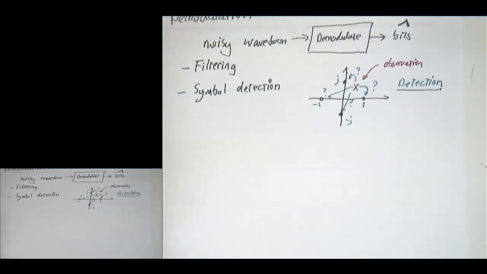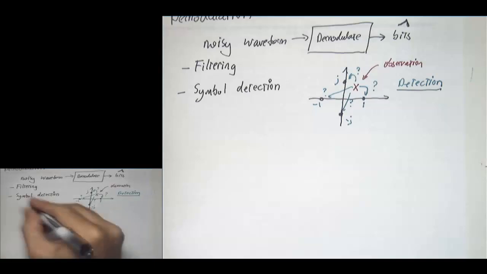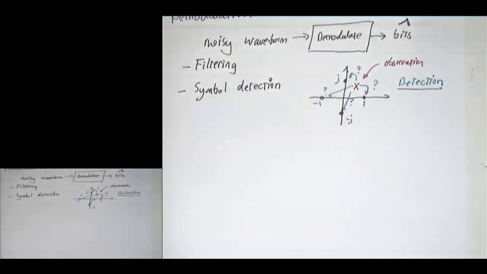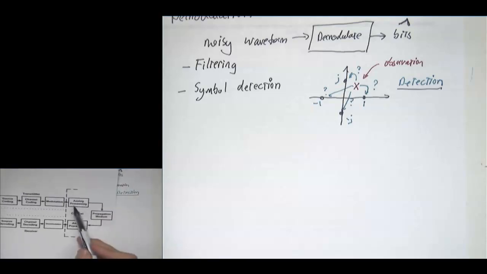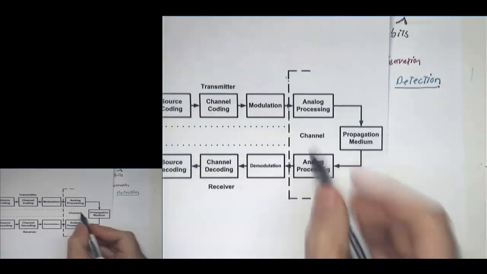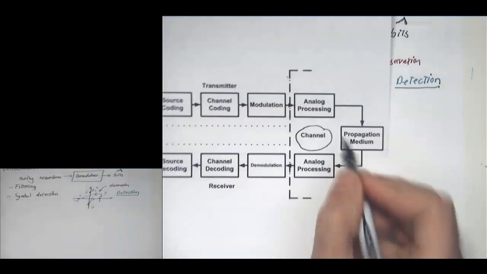Now, the last block that I want to talk about is the collection here of analog processing, propagation medium, and more analog processing, which we lump together into the channel.